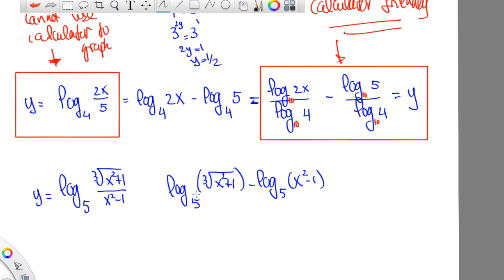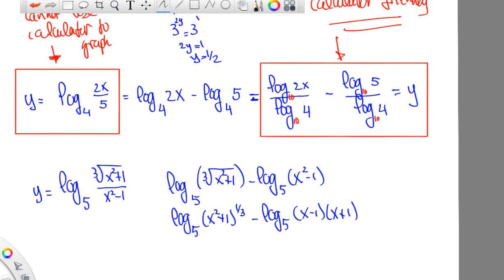Let's actually use these over here. Then the cube root is an exponent, right? The cube root would be x squared plus 1 to the 1/3. And then on this side, x squared minus 1 factors, so that's x minus 1 times x plus 1.